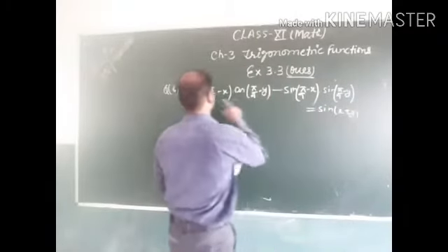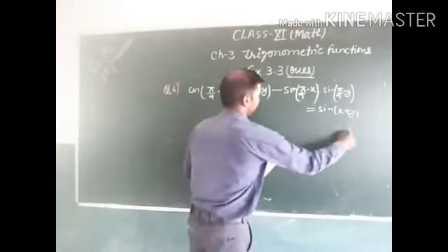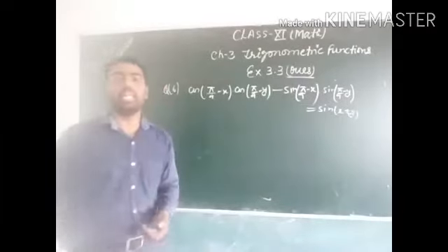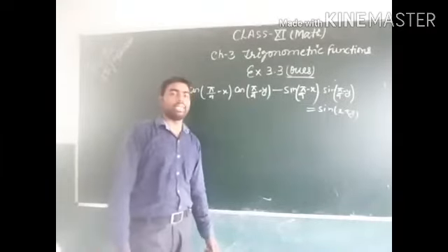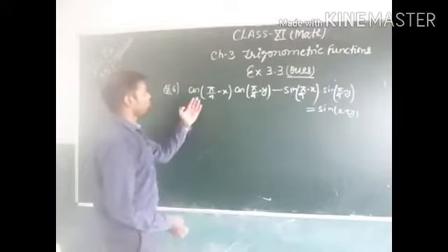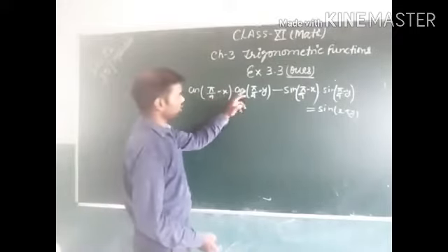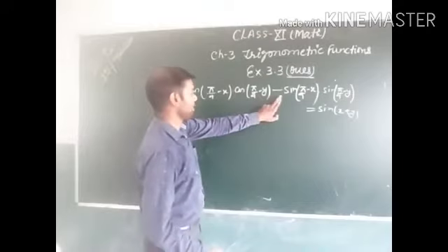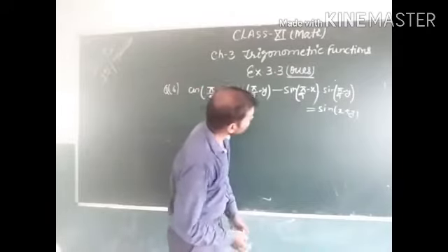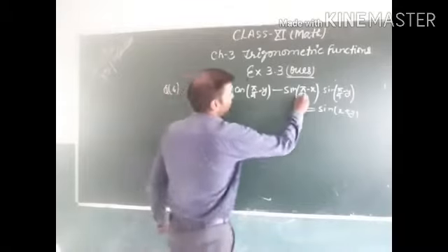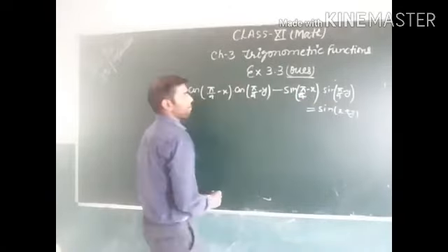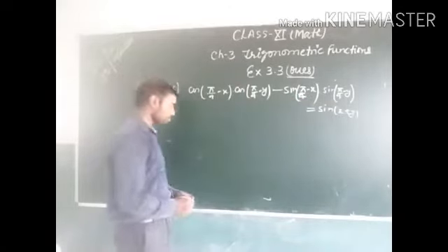So this is the left hand side and this is the right hand side. So we prove left hand side is equal to right hand side. First of all, cos (pi by 4 minus x) cos (pi by 4 minus y) minus sin (pi by 4 minus x) sin (pi by 4 minus y).